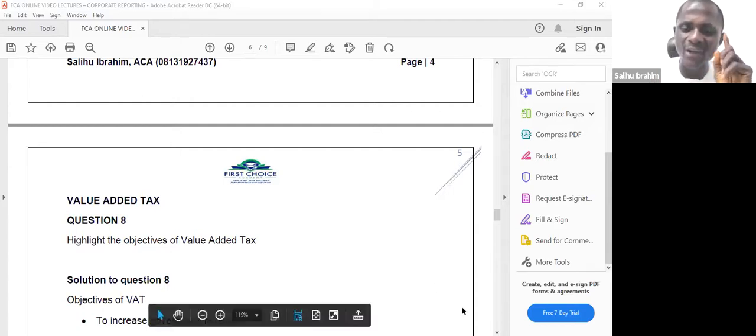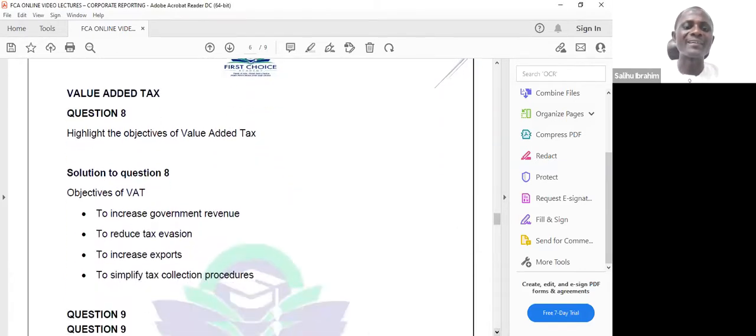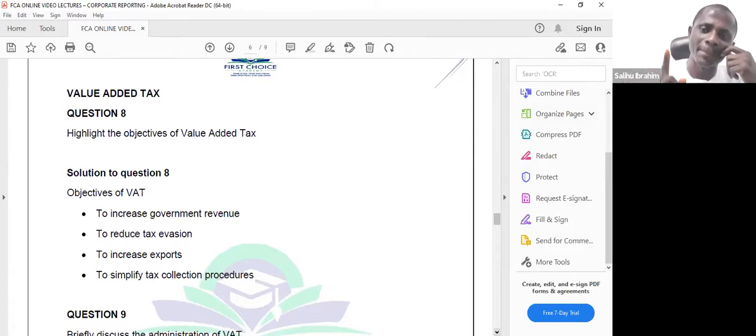So, what are the objectives of VAT? One, to increase government revenue. The major source where government generates the most amount of tax is value-added tax, because that is generated on an ongoing daily basis.